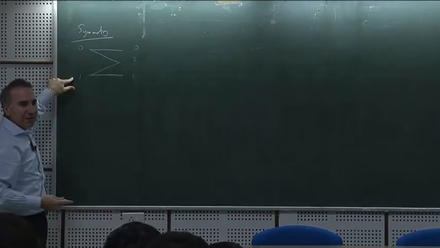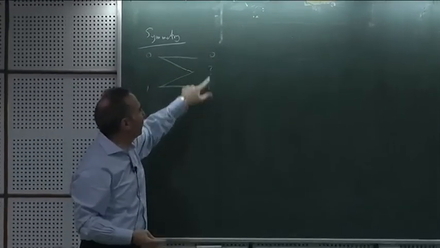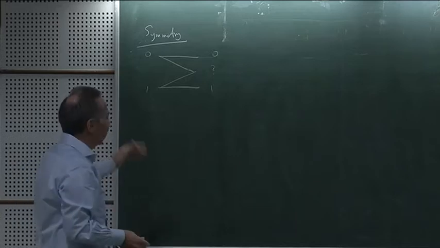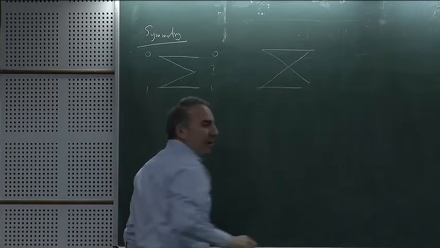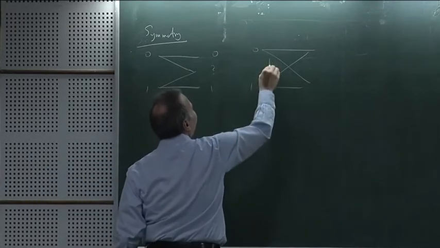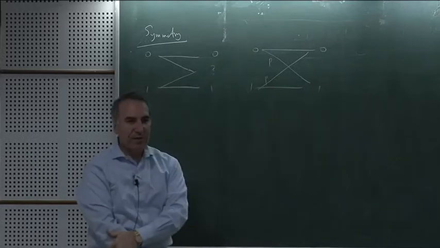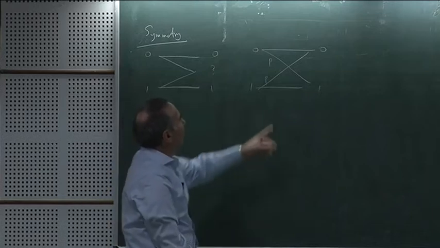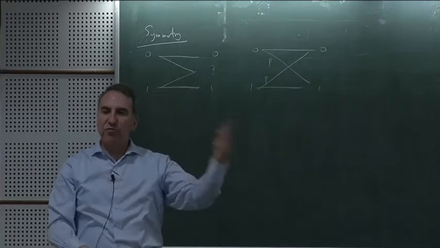If I replace the 1 with a 0, this channel looks exactly the same if I also replace at the output the 1 with a 0 and leave the question mark alone. So this BEC looks symmetric. The binary symmetric channel also looks symmetric: if I swap the labels 0 and 1 on this channel, and also swap the labels exactly at the output, you get exactly the same channel back.